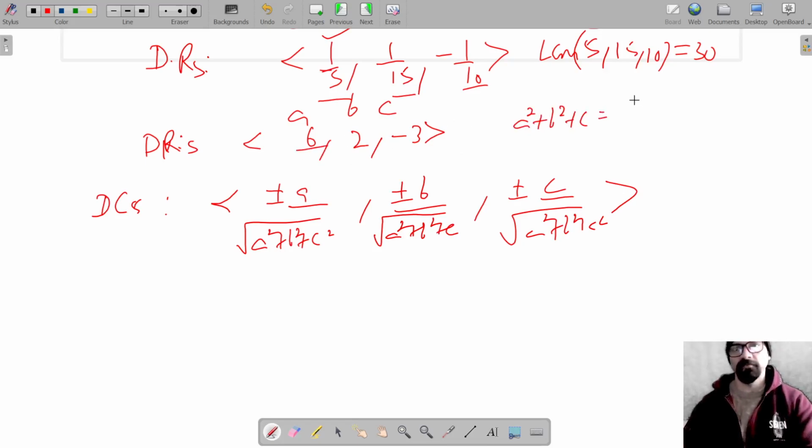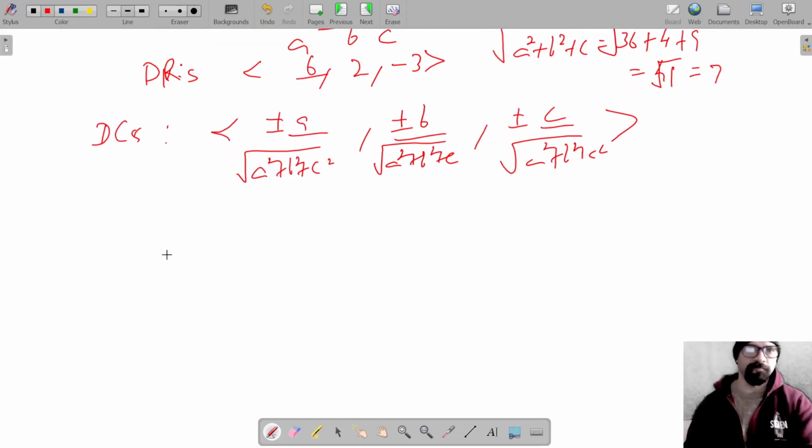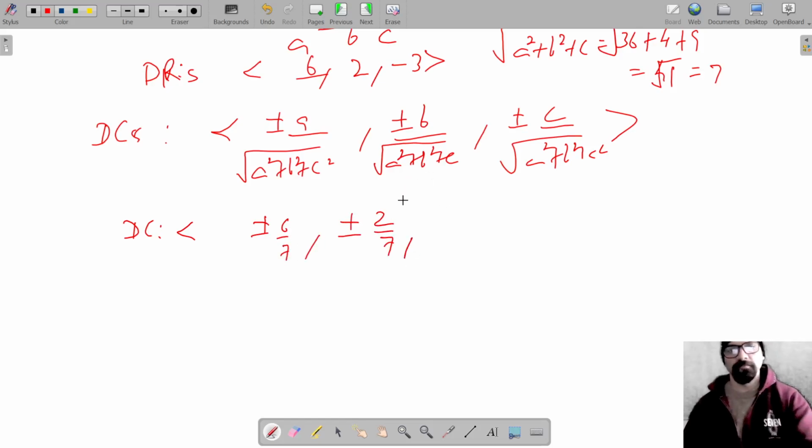Now this is A, B, C, and A square plus B square plus C square: 6 square is 36 plus 4 plus 9, which gives me 49, and it's under root, so this is 7. So the direction cosines of the line are plus minus 6 by 7, plus minus 2 by 7, and this is plus minus 3 because we have negative 3 there.